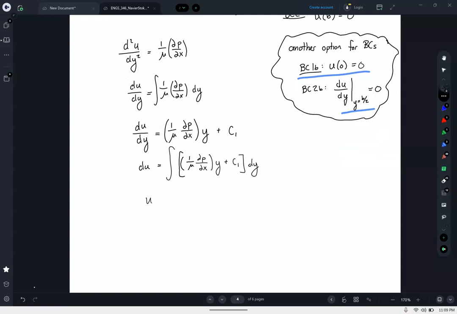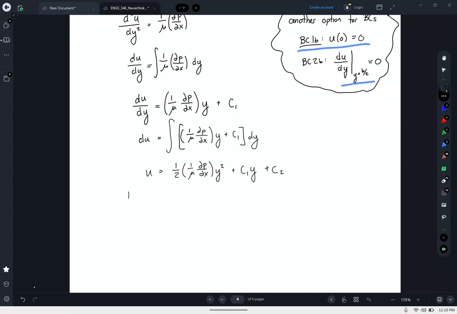Integrate each part separately. The first y integrates to y squared over 2, so that's going to be 1 over 2, 1 over mu dp dx, y squared, and the second one integrates to c1 y plus our unknown constant c2.